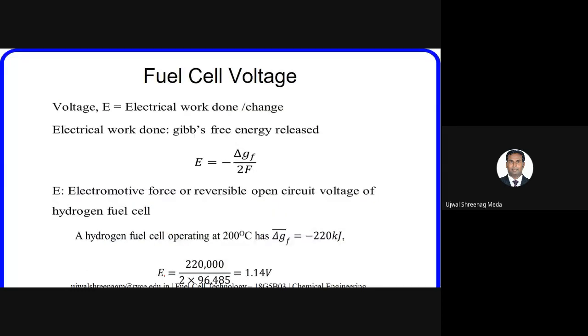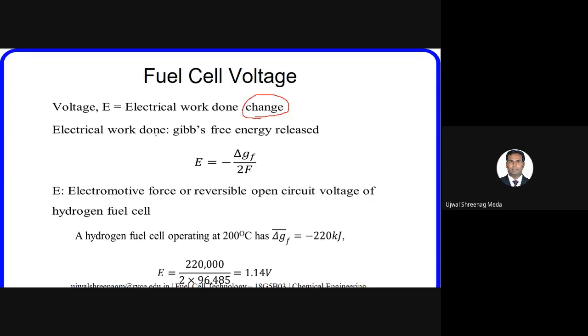So if we proceed with that, we are trying to find out how much voltage is generated in a fuel cell. In order to find the voltage, we consider the electrical work done per charge. This is not change, this is charge.